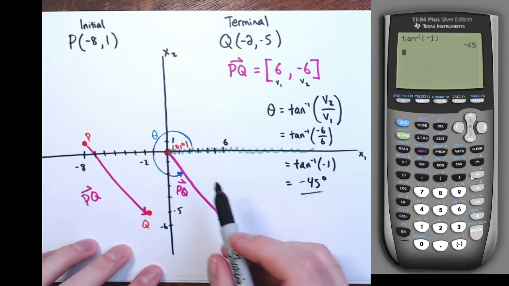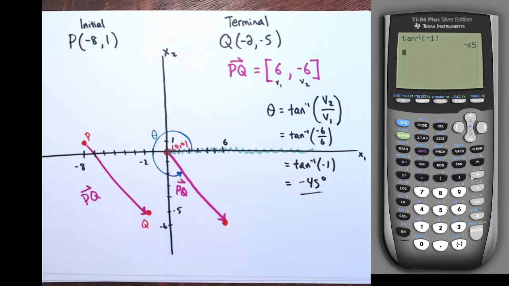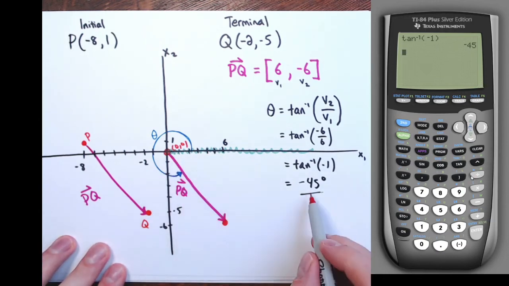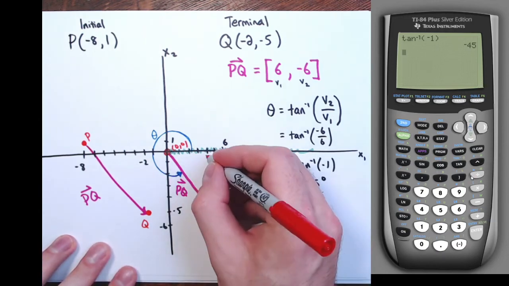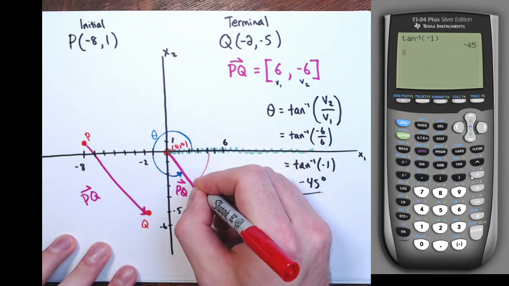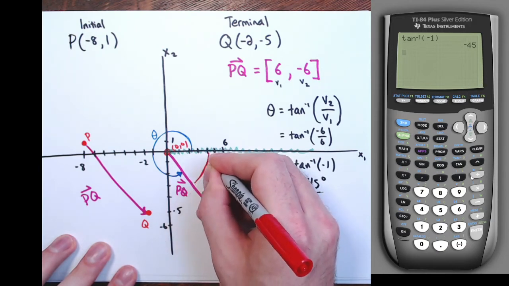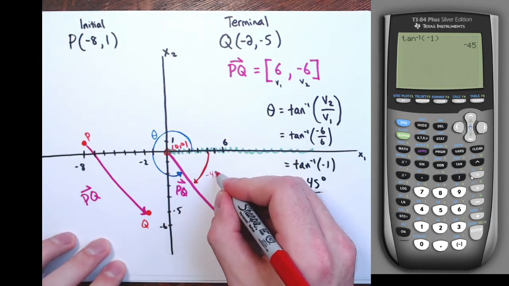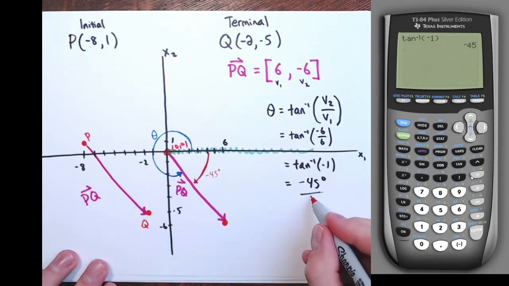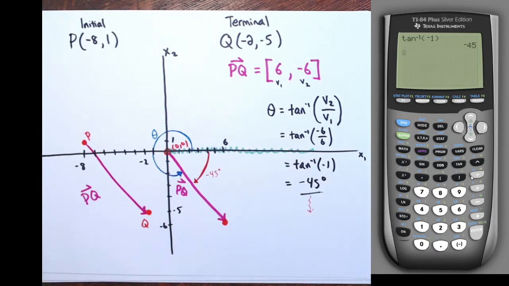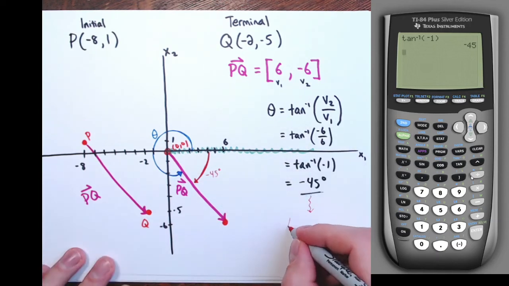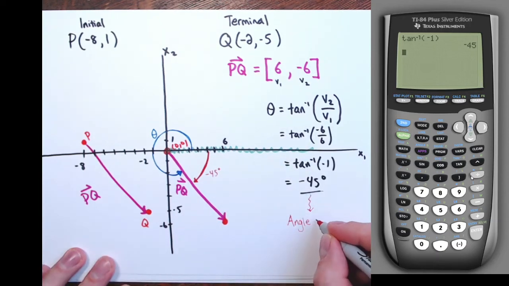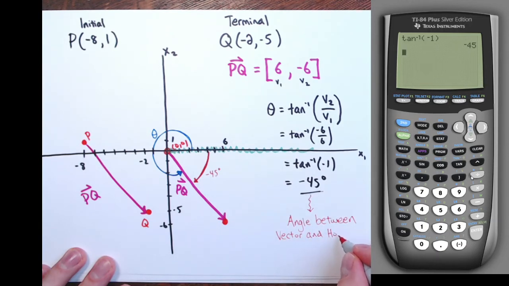This angle is right here. That's the angle from the positive x-axis. Now, remember, negative angles go clockwise. So that's this angle here. Okay, -45 degrees. What the formula gives me is the angle formed, I'll just say the angle between the vector and the horizontal axis.